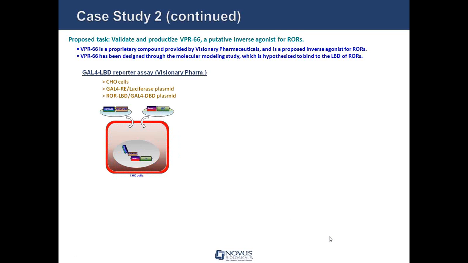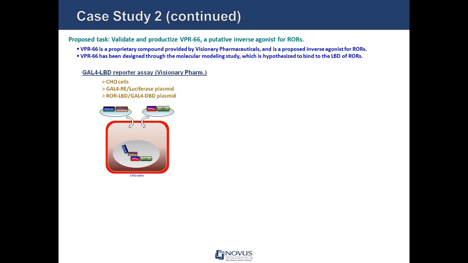First of all, we checked the VPR66 activity through cell-based assays, and we used two different cell-based assays side by side. One was performed by Visionary Pharma using the GAL4 ROR LBD luciferase reporter assay using CHO cells.